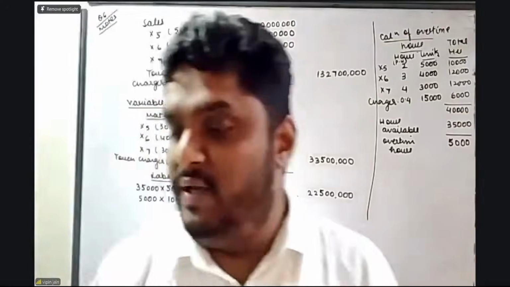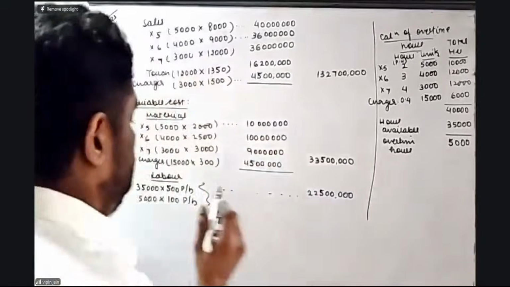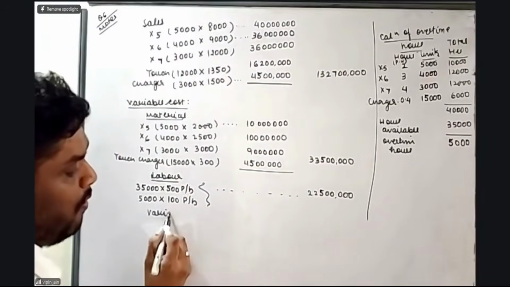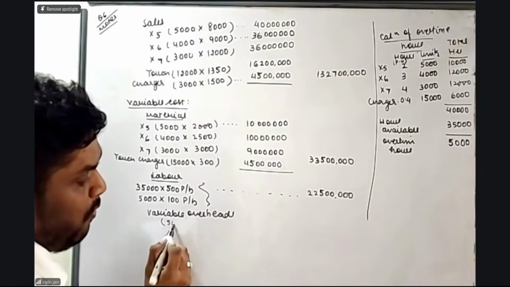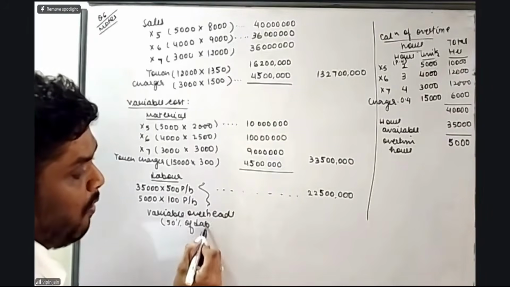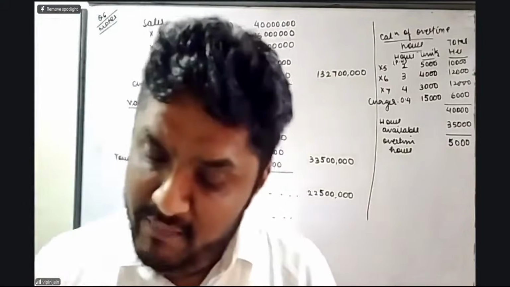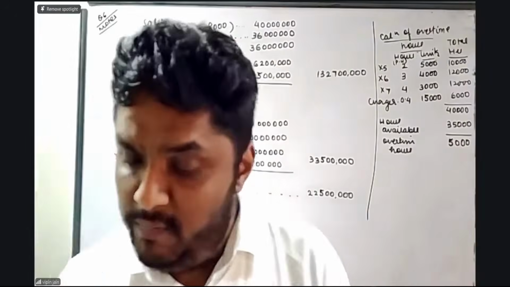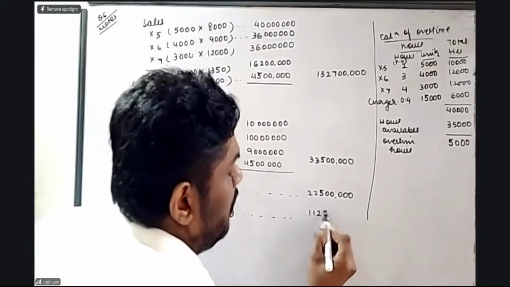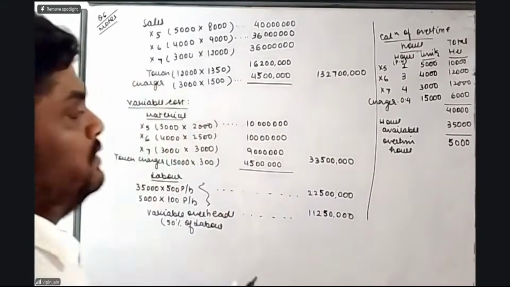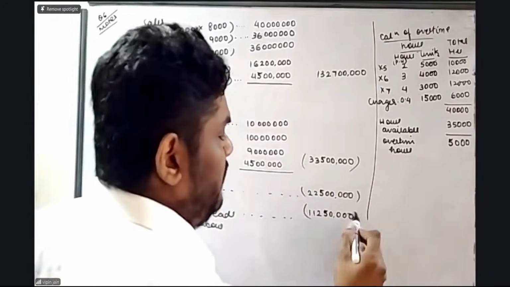Further, the question is saying that we do have variable overheads also, and that are 50% of the direct labor cost. So 2 crore 25 lakh into 50%, it will be 1 crore 12 lakh 50,000. So this is all about variable cost: material, labor, and variable overhead.